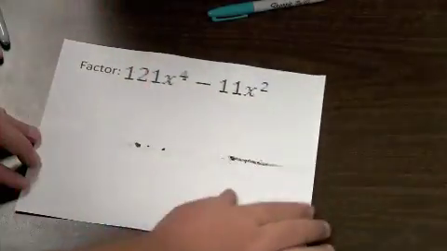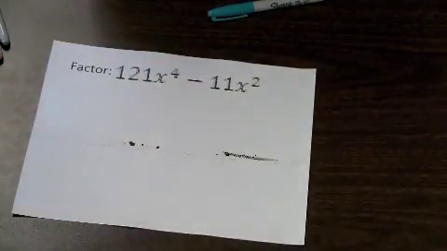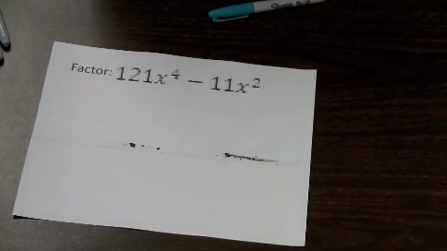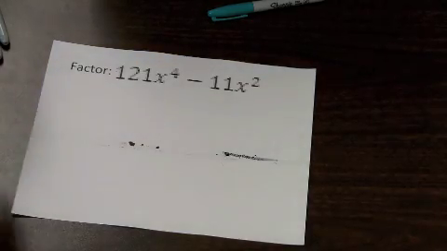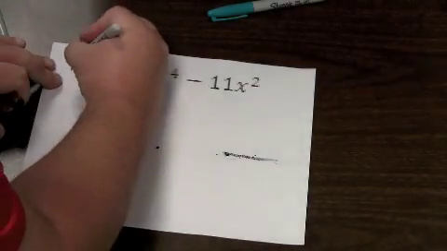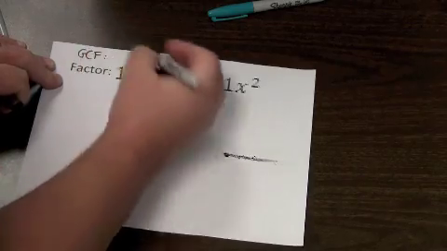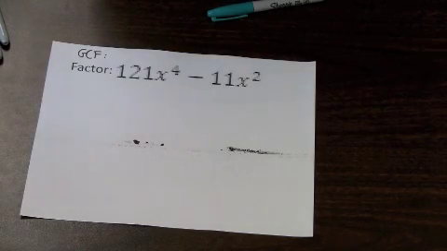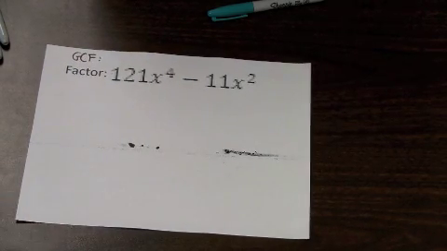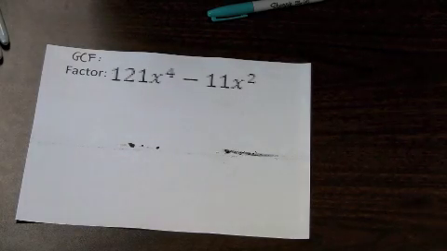All right, the last example. Okay, my paper looks kind of smudged here, but that's okay. On the last example, I give you a hint, and I state that you need to find the GCF first. So what we are doing is we are actually combining two methods at one time. GCF is the greatest common factor.